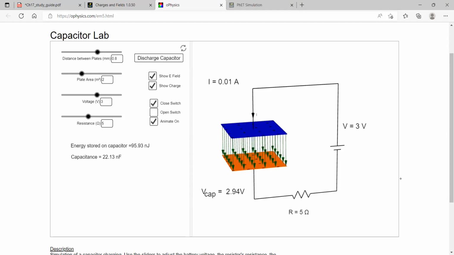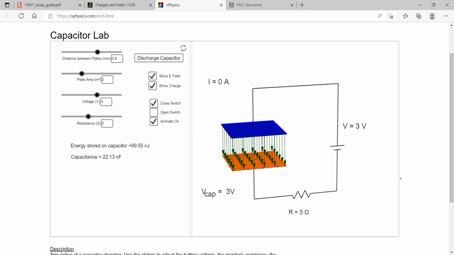And you see the electric field lines, because now they are charged. The blue plate, because it is connected to the positive terminal, is charged with positive charge, and the brown plate, because it is connected to the negative terminal, is charged with negative charge.